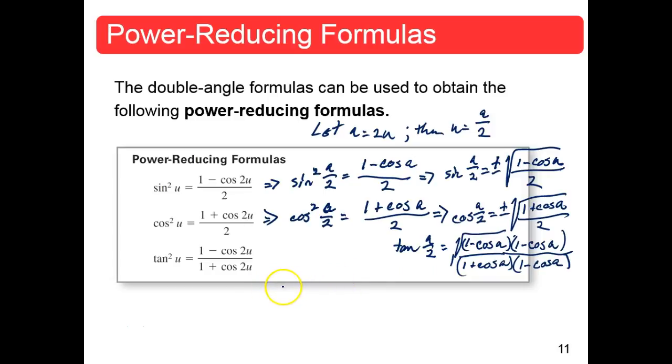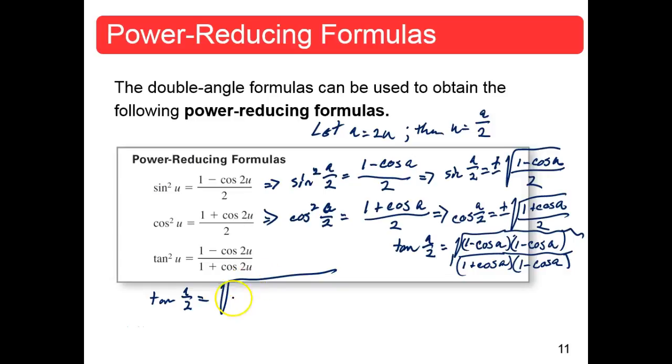Well, the interesting thing you get here is, I'm going to write my tangent of A over 2 to then be equal to, I'll start with the square root, 1 minus cosine A times 1 minus cosine A, all under the radical here, which is 1 minus cosine A squared.